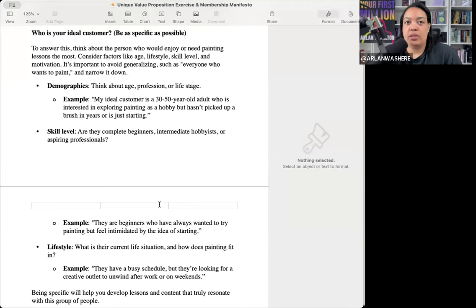Whatever we do, when it says painting, just think about where your general idea might be. For instance, my ideal customer is a 30 to 50-year-old adult who is interested in exploring painting as a hobby, but hasn't picked up a brush in years or is a beginner.